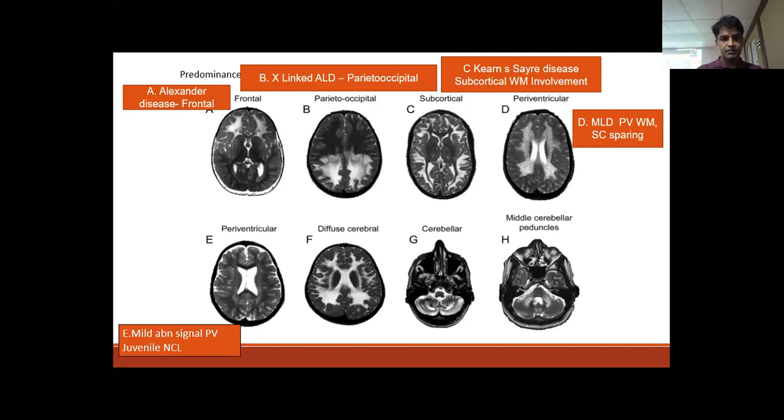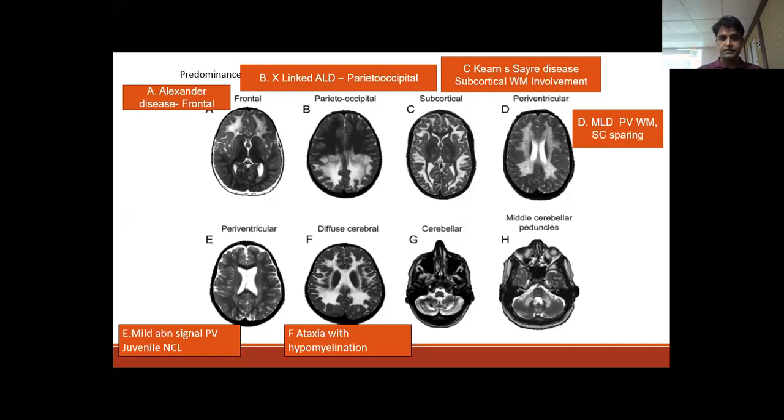And here, E, there is mainly cortical atrophy, but only mild periventricular involvement, not much there. So that is a picture of juvenile NCL. And there could be diffuse cerebral involvement, subcortical and periventricular, that is seen in hypomyelination disorders, ataxia with hypomyelination.